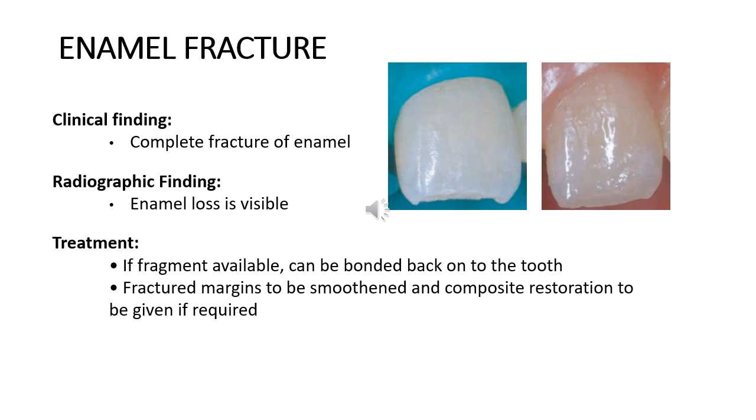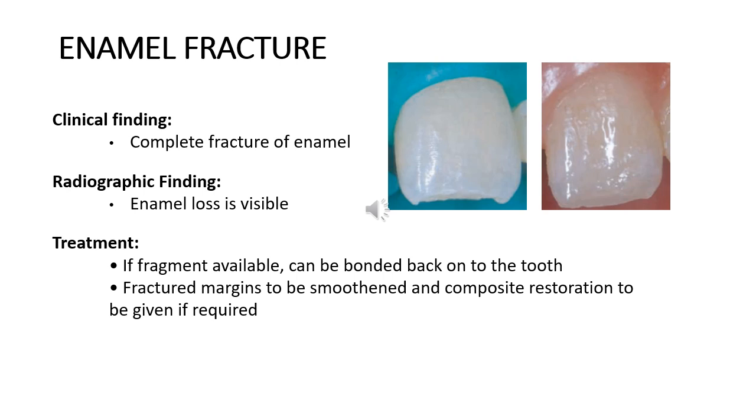In radiographic findings, you will encounter visible enamel loss, and for radiographic evaluation, three angulations are required: periapical, occlusal, and eccentric exposures, just to rule out luxation injuries or root fractures. You may also take a radiograph of the lip or cheek to search for tooth fragments or foreign material which might have become embedded during trauma.